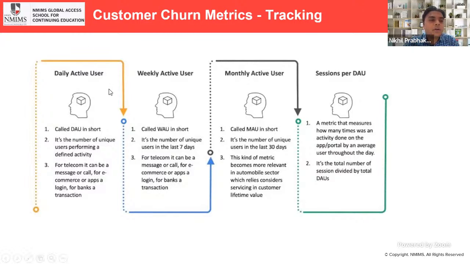We monitor it on a daily basis. We compare it with the weekly active user base, and also with the monthly active user base. We keep a trend of all these three things: daily active users, DAU, WAU, and MAU is what we call it. We can compare these metrics across companies, across industries, and get an idea of whether we have people coming back again and again to our app.